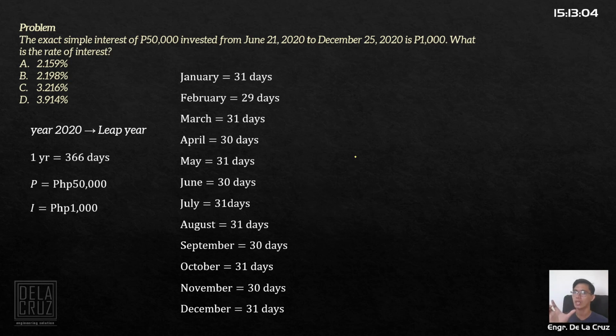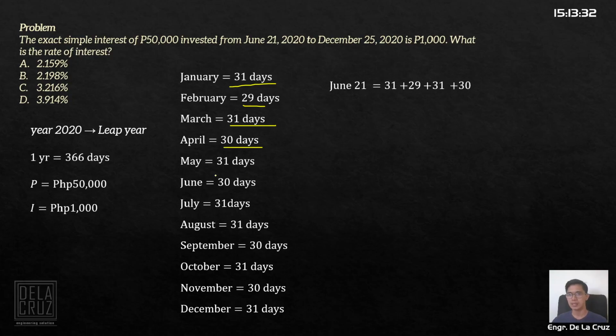Again, gusto natin makuha yung number of days from June 21 to December 25. So, yung style ko, kukunin ko yung what day in a year yung June 21, in the year 2020. Ang gagawin ko lang, i-add ko lang yung ating number of days. Sa January, we have 31 days. February, we have 29 days. March, we have 31 days. April, we have 30 days. May has 31 days.